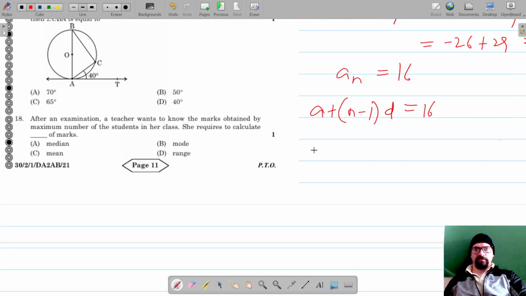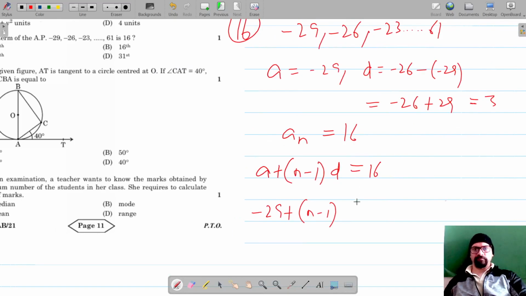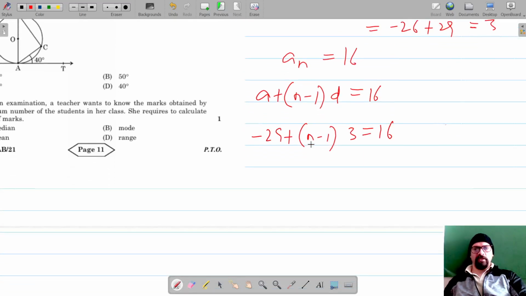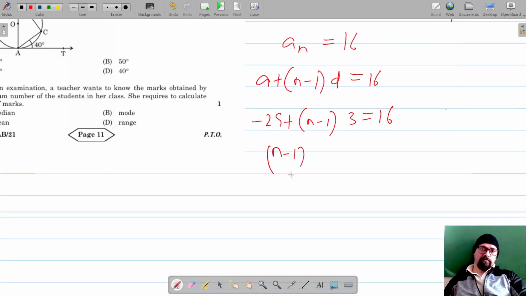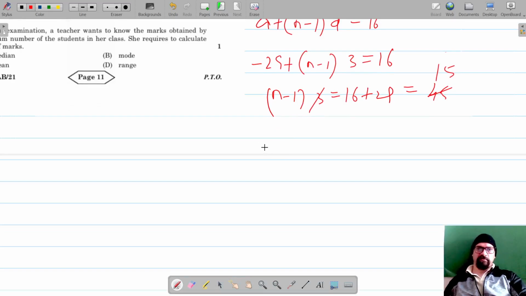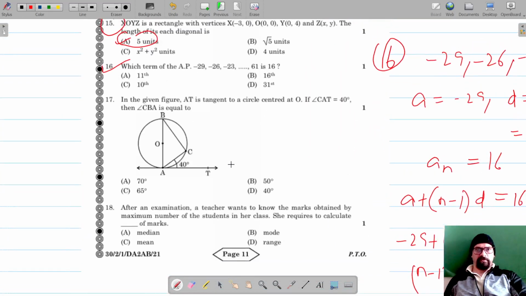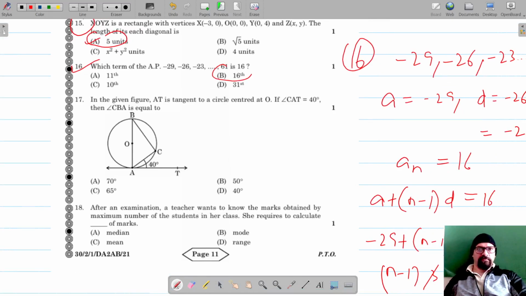A is minus 29 and D is 3, so (n minus 1) into 3 is equal to 16 plus 29, which is 45. If you cancel with 3, this is 15. So n is 16, which means it's the 16th term.